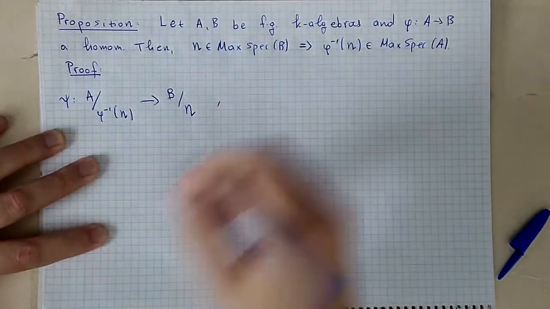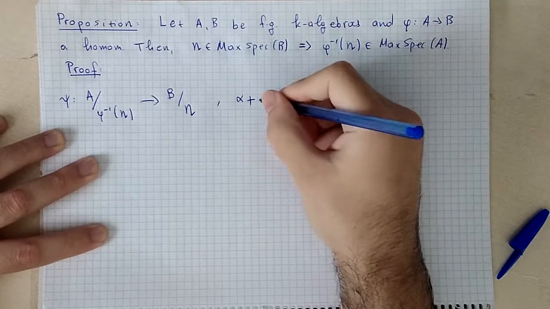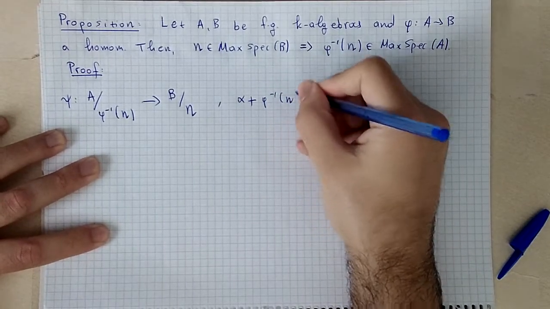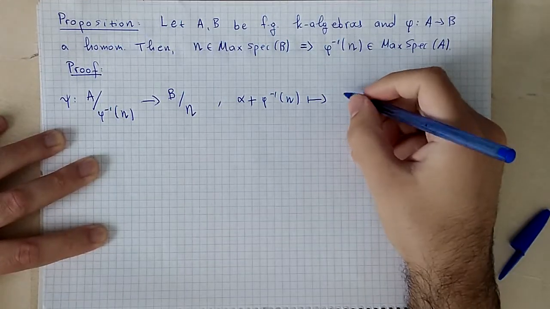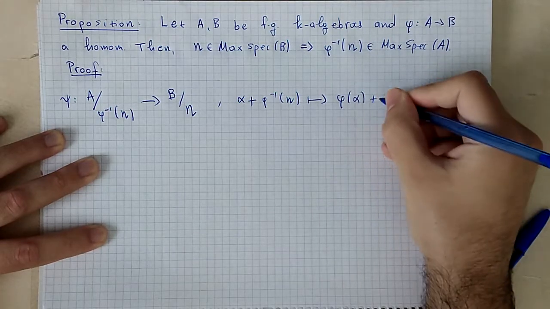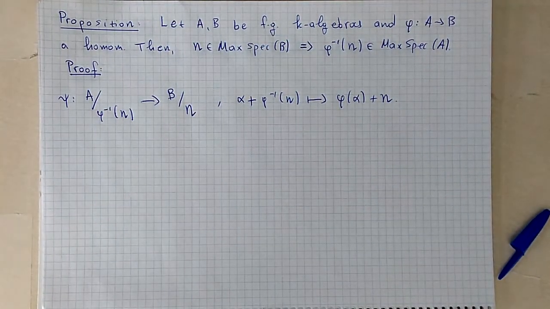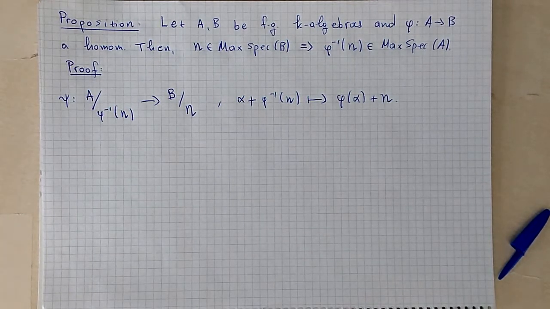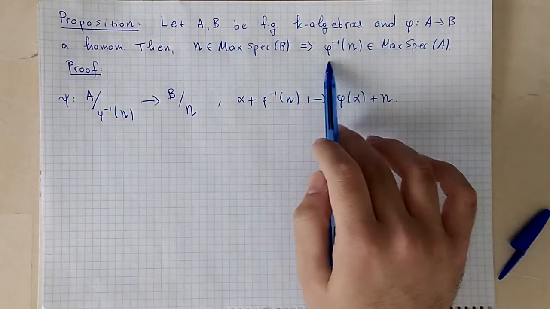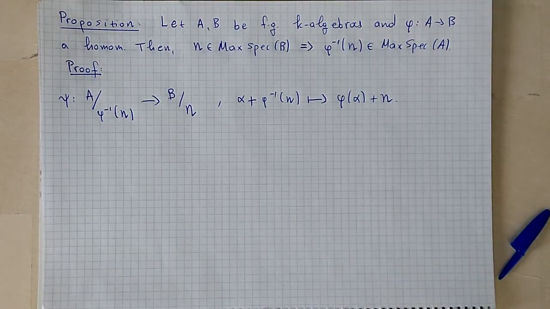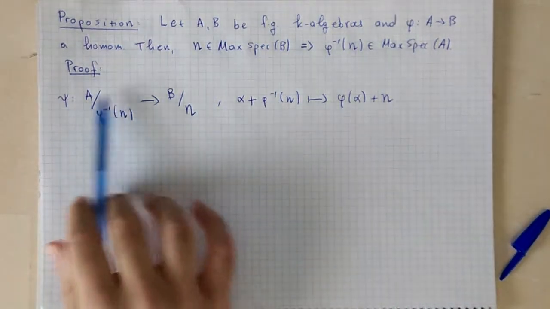And this is simply defined by taking an arbitrary element alpha and mapping it to phi of alpha mod n. Now one can clearly see that this is well defined, and that this is a ring homomorphism. But now we want to show that this is a maximal ideal. So what we will do is prove that this is a field.